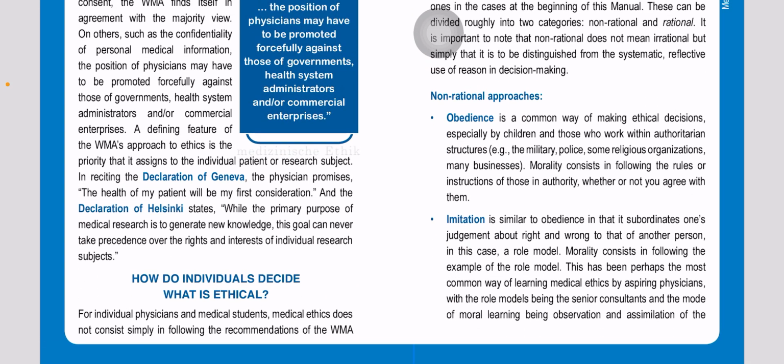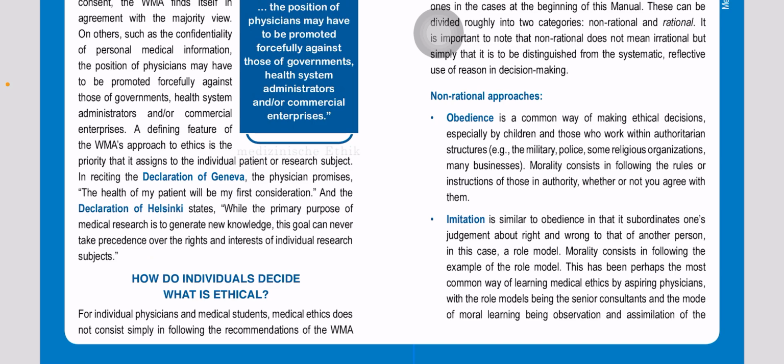Non-rational approaches in how you solve an ethical dilemma or ethical problem. First is obedience. Obey what is given by the authority, for example, the guidelines from the World Medical Association.